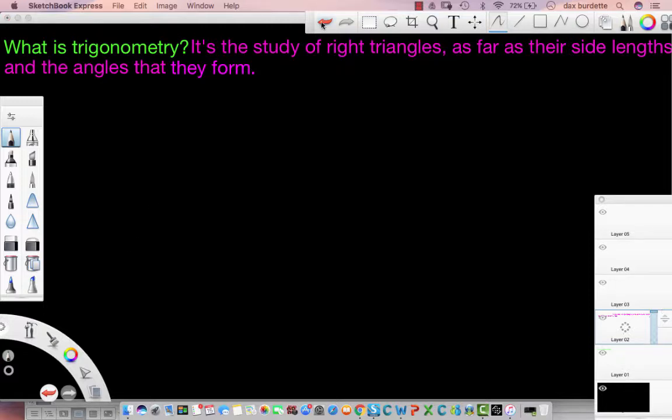So trigonometry focuses on right triangles. We're not talking about isosceles triangles, equilateral triangles, obtuse triangles, or any other type of triangle. We're only focusing on right triangles. That's the first thing we need to understand.